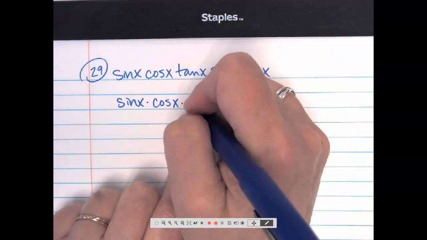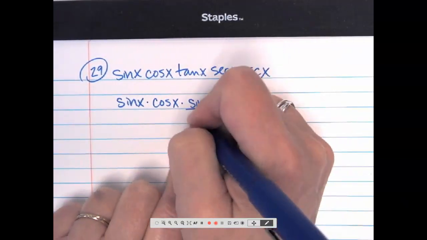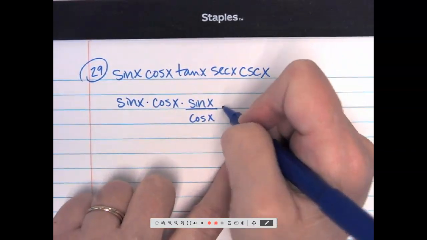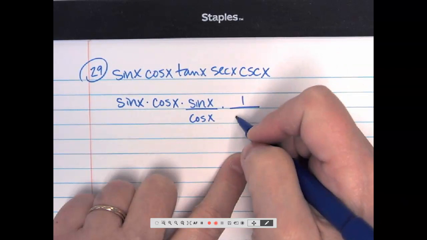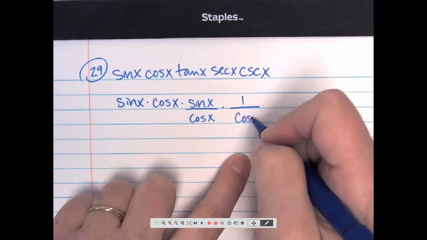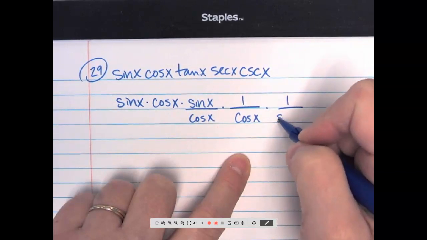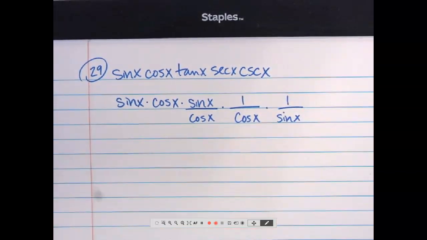Sine over cosine. And I can change secant to what? 1 over cosine. And I can change cosecant to 1 over sine. Okay, so the three things that weren't already sine and cosine, I just changed those.